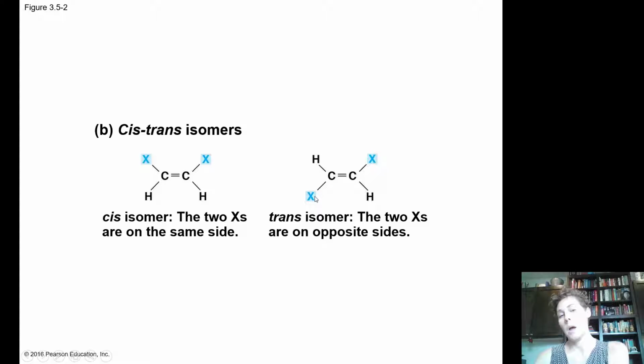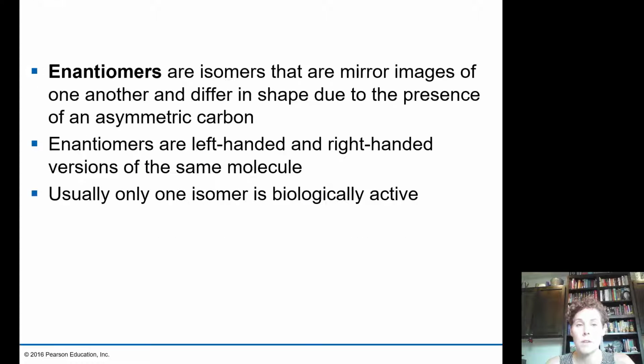Because of the way that double bond is, maybe there's some negative or positive forces that are popping them off into catty-corner directions as opposed to being right on the same side. So it's the same molecule, right? Same C2H2X2, but arranged differently. That's cis-trans.